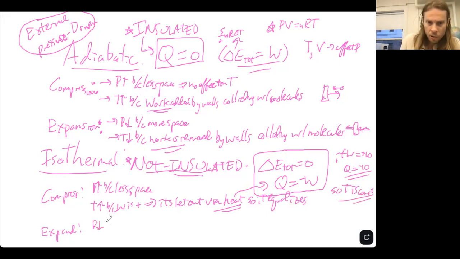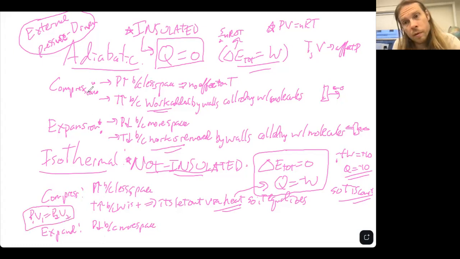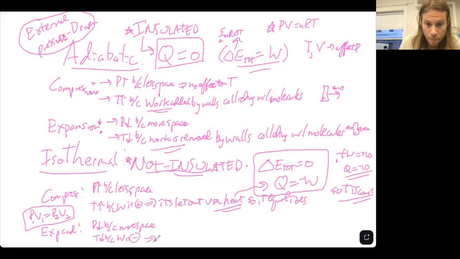Expansion is just the opposite. Pressure goes down because more space. And so therefore we just have P1V1 equals P2V2. We're going to derive a similar formula for adiabatic in a second. T goes down because work is negative, but it is let in via heat.